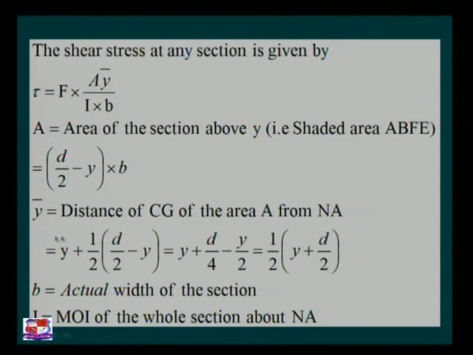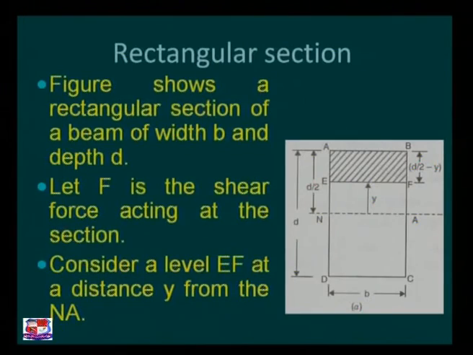Y bar is the distance of the CG of the area A from the neutral axis. A very interesting point: this is the area A, this is the neutral axis, and the distance from the neutral axis to the CG is my y bar.